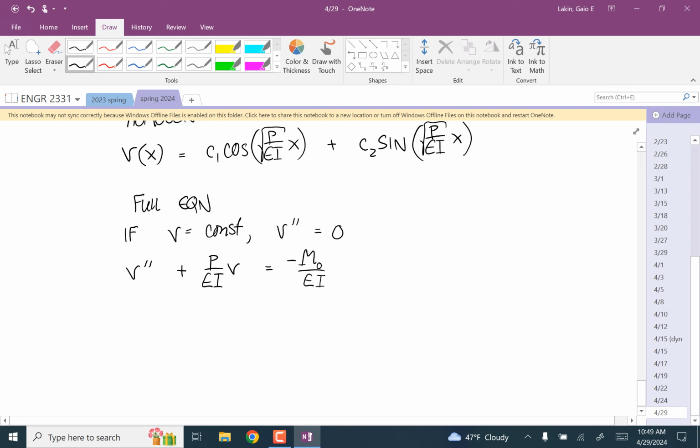If we're assuming that v is constant, then this is just 0. We don't have to worry about it. And now we can just solve for v. And so we get that v is equal to negative M sub 0 over P.